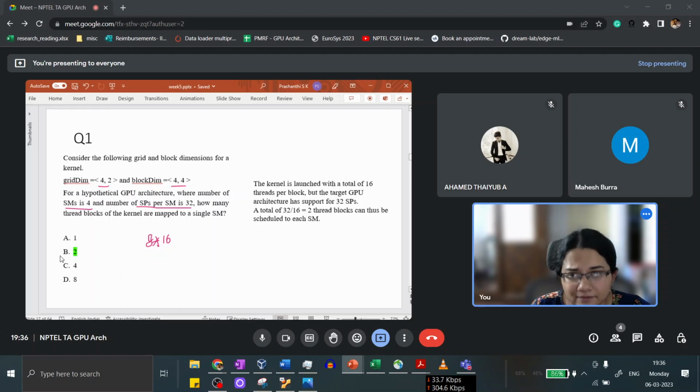So the intuition or the idea when you see such a question is, first think of the total number of blocks, which is 8 here, and the number of SMs, which is 4. If you had only one SM, you don't have much of an option, right? You would have to go ahead and schedule all the 8 blocks on the 1 SM.